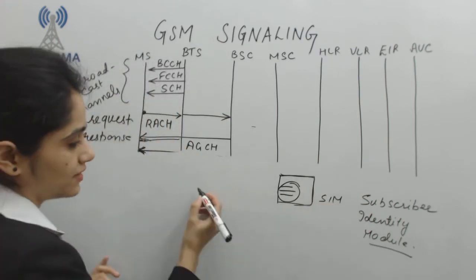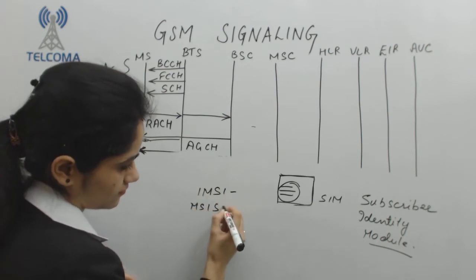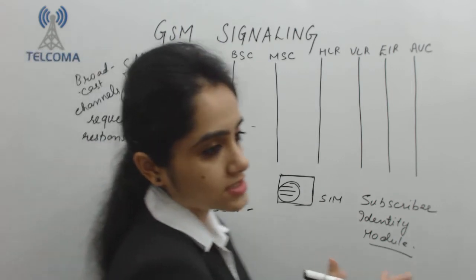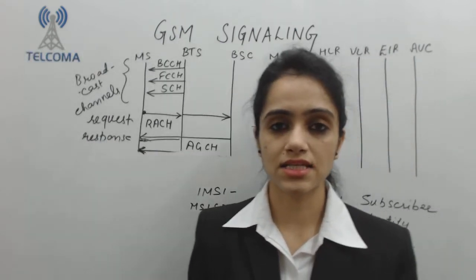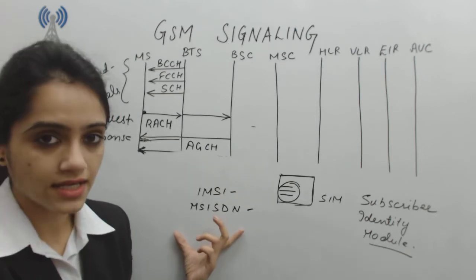On that packet, there are two numbers mentioned. The very first is IMSI, that means International Mobile Subscriber Identity, and another one is MSISDN.